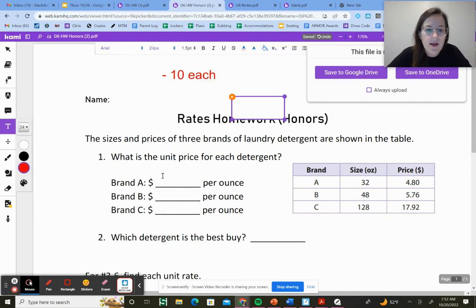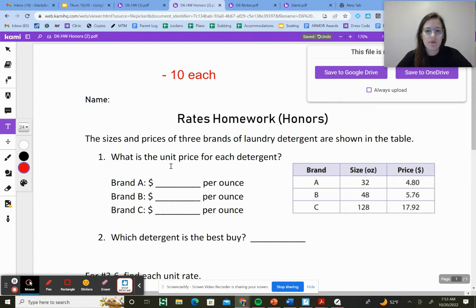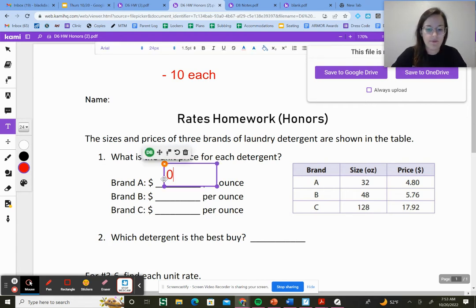There we go. All right, so we got 3 brands of laundry detergent. You have to find the unit price for each detergent. So the price per ounce. So that means you need to do the price divided by the ounces. So for brand A, $4.80 divided by 32 ounces, that would be 15 cents per ounce.